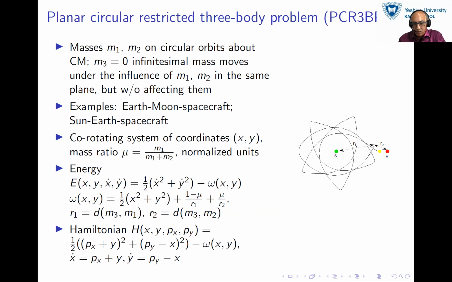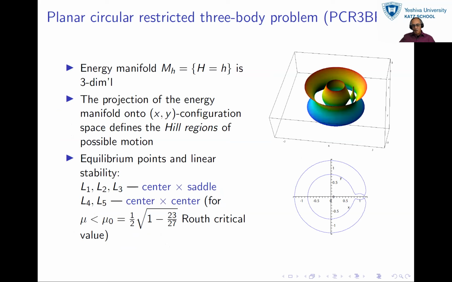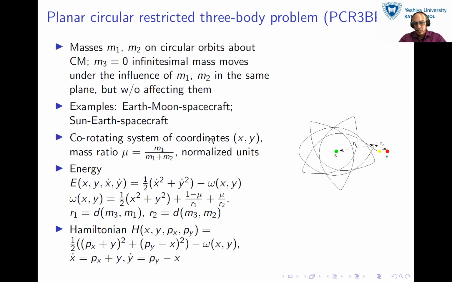Because the energy is conserved, when you fix an energy level, you get what is called a three-dimensional energy manifold. We are in the plane, and the equations concern the motion of the spacecraft. The motion is described by two coordinates, x and y, because we are in the plane, and two velocity components.